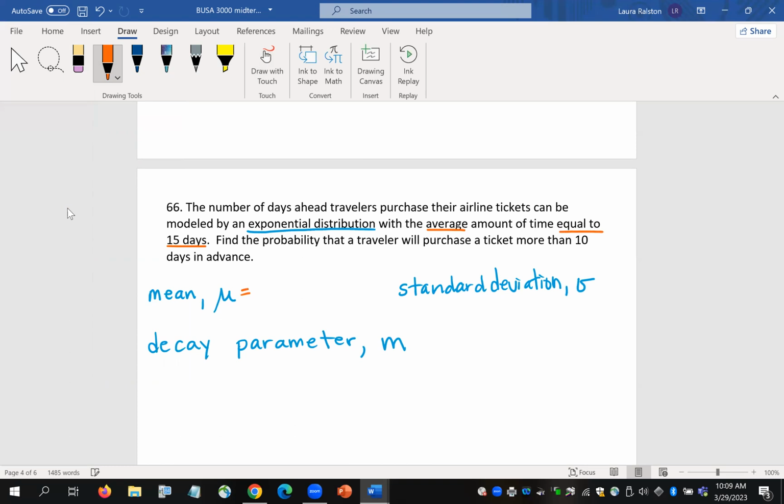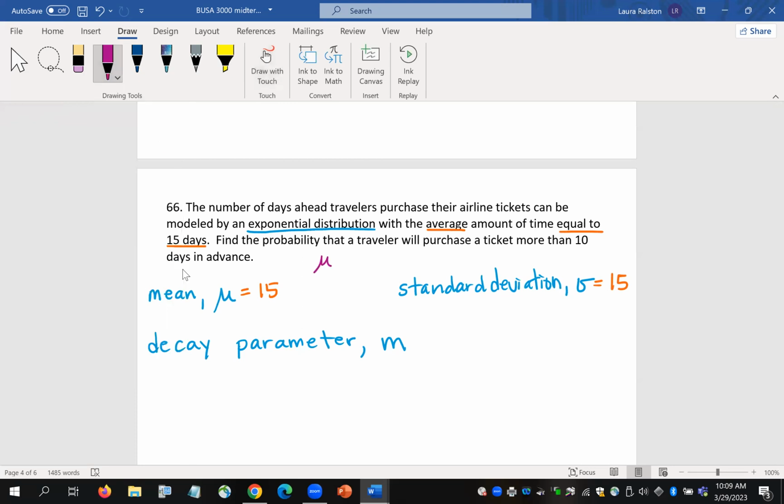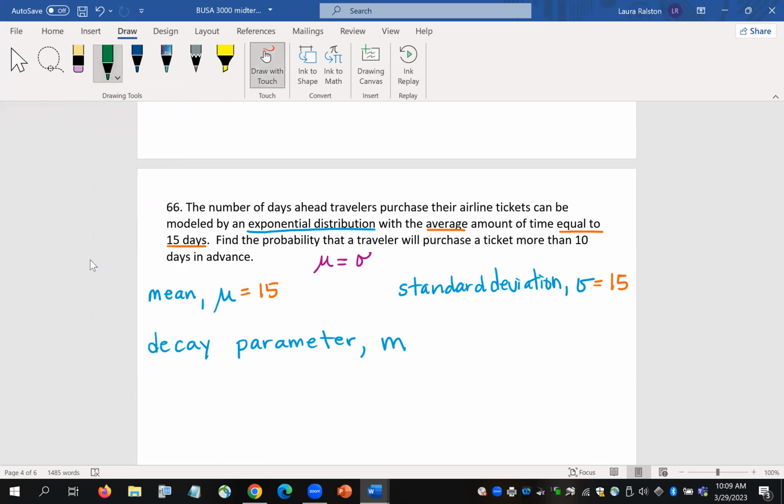So the mean is 15 and the standard deviation is also 15, because for an exponential distribution, the mean equals the standard deviation. Our decay parameter is 1 over the mean. The mean is 15. So my decay parameter is 1/15.